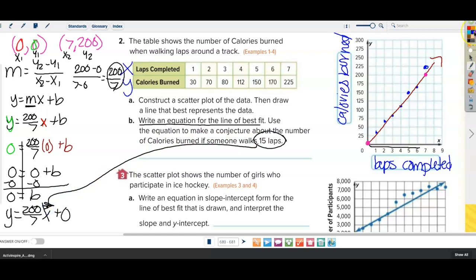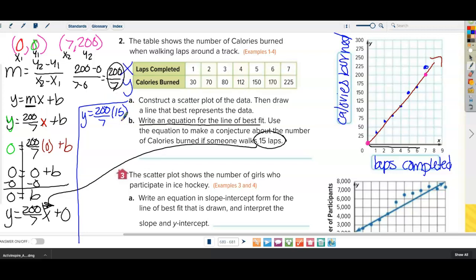So that's where I'm going to have, running out of room. Sorry that it looks so messy. Y equals 200 over 7, and in place of x, I'm going to put times 15.